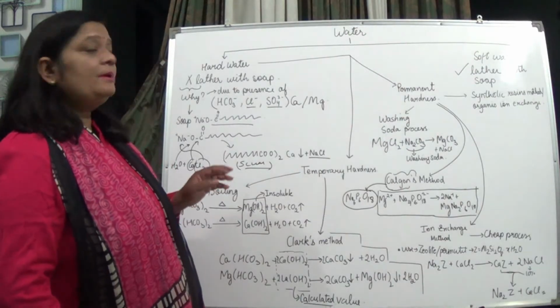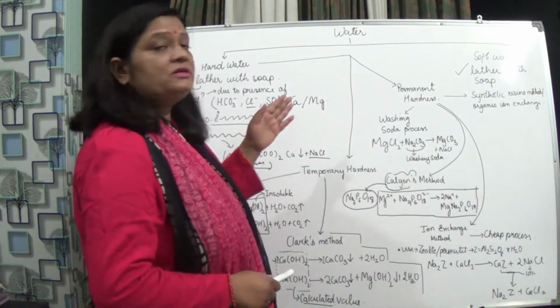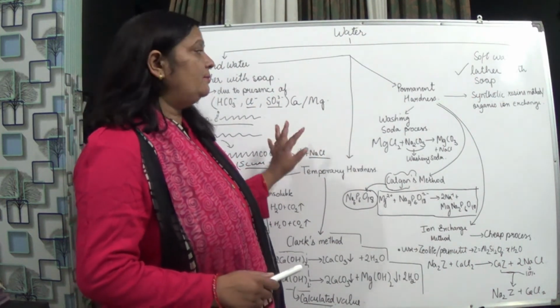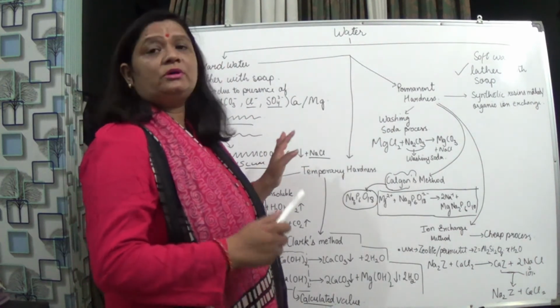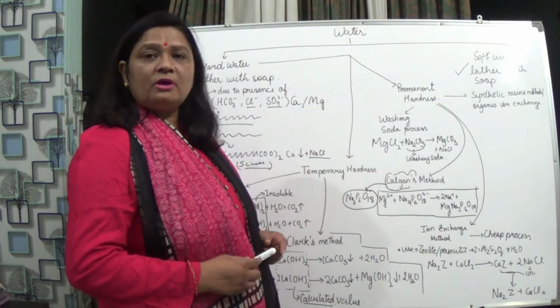Now coming to the permanent hardness of water. What is the cause of permanent hardness? It is caused due to the chlorides and sulfates of calcium and magnesium. This has to be removed in order to make the water soft. First, we can use washing soda. What is the formula of washing soda?